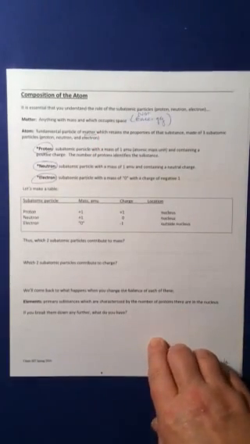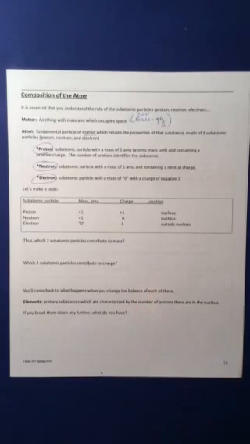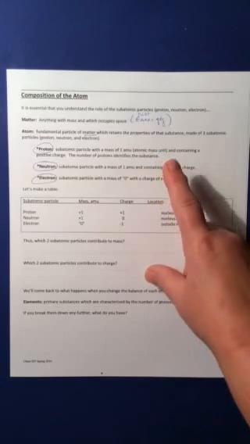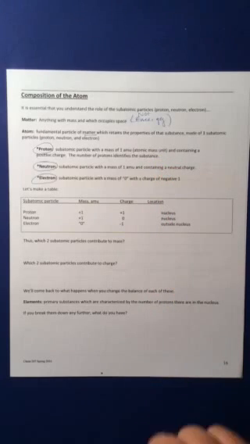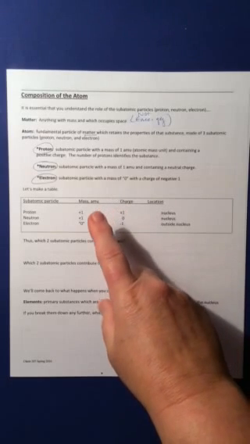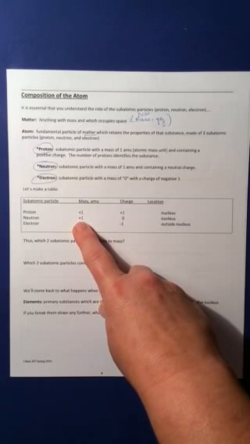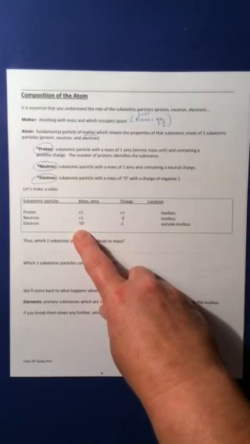Okay, so I guess I should put on here: not energy. You should remind yourself that the subatomic particles are measured in terms of AMU, which is the atomic mass unit. And so for our purposes, we are going to make our masses, charges, and locations relative. So the relative mass of the proton is 1 AMU, a neutron is 1 AMU, and the electron is essentially massless.